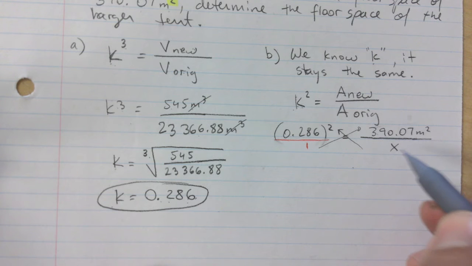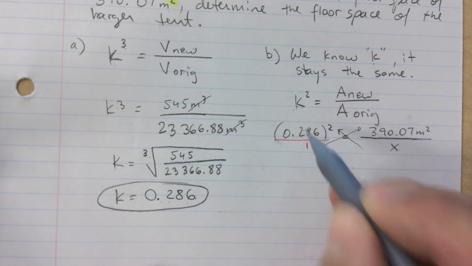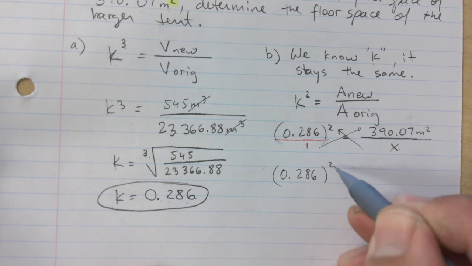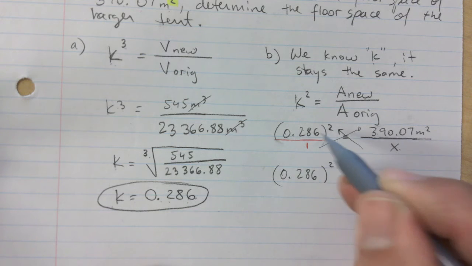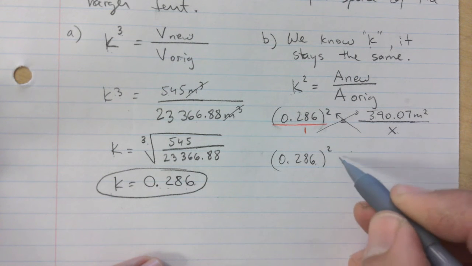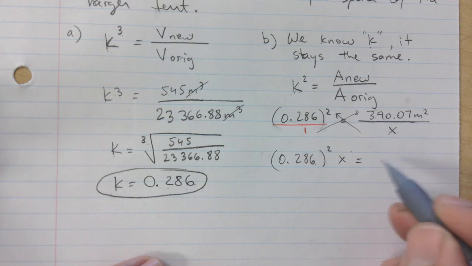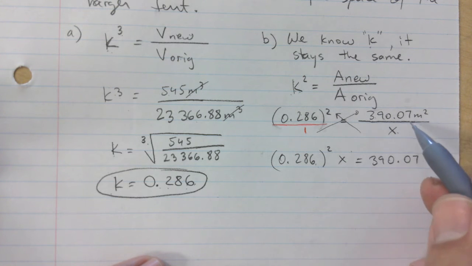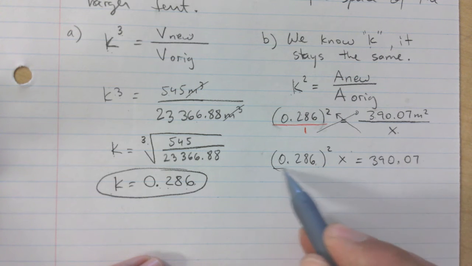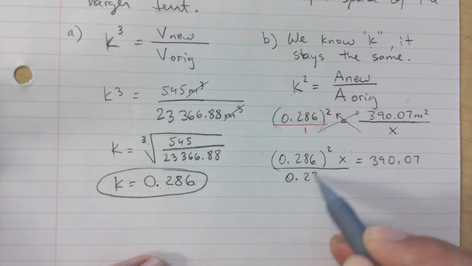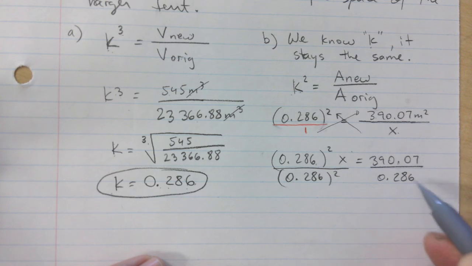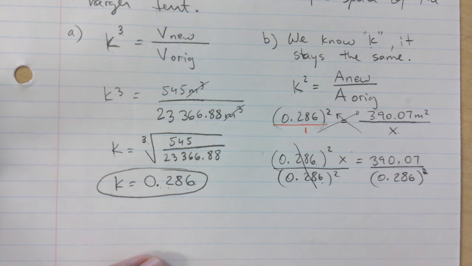So here's where I want you to be careful. You can square it if you want, but I'm going to leave it like that. So times x is equal to 1 times 390.07, which is just that. So you have to divide both sides by this number. You can cancel them out here.